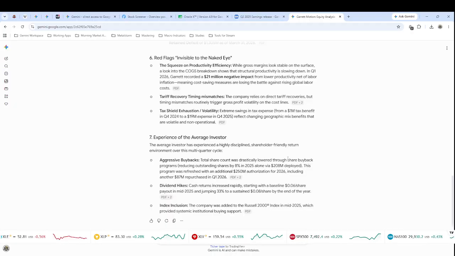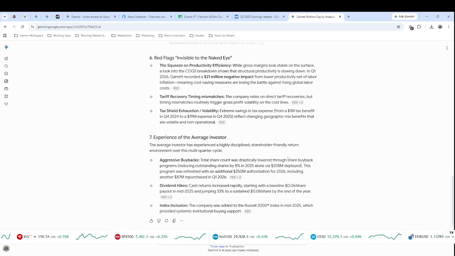Total share count was drastically lowered through the share buyback program, which kind of makes the equity situation a little worse, by the way. But another time, another talk. This program was refreshed with an additional $250 million, including another $87 million repurchased in Q1 of 2026.